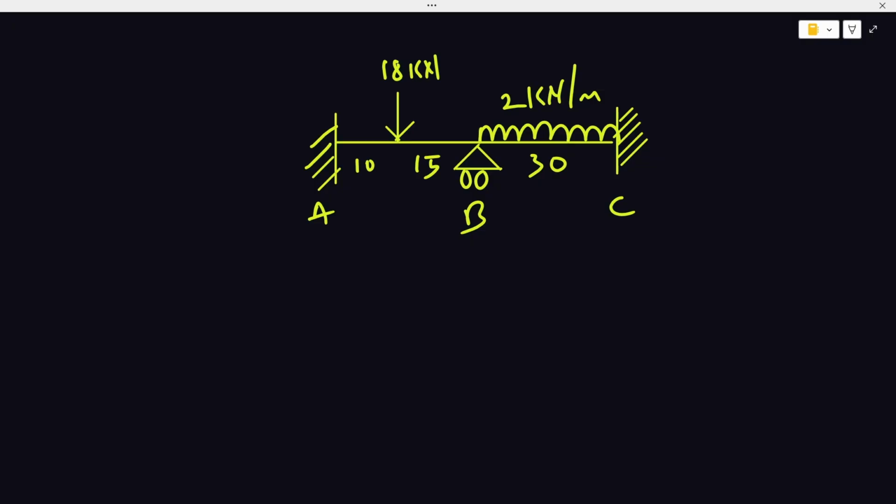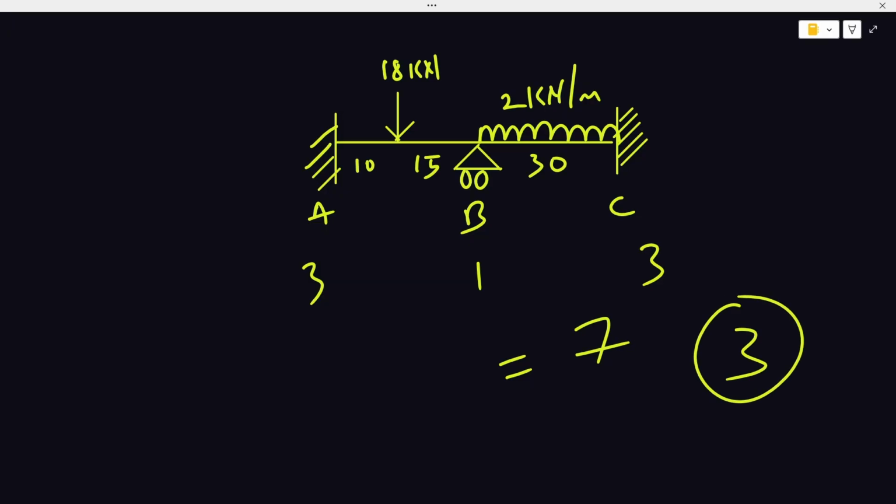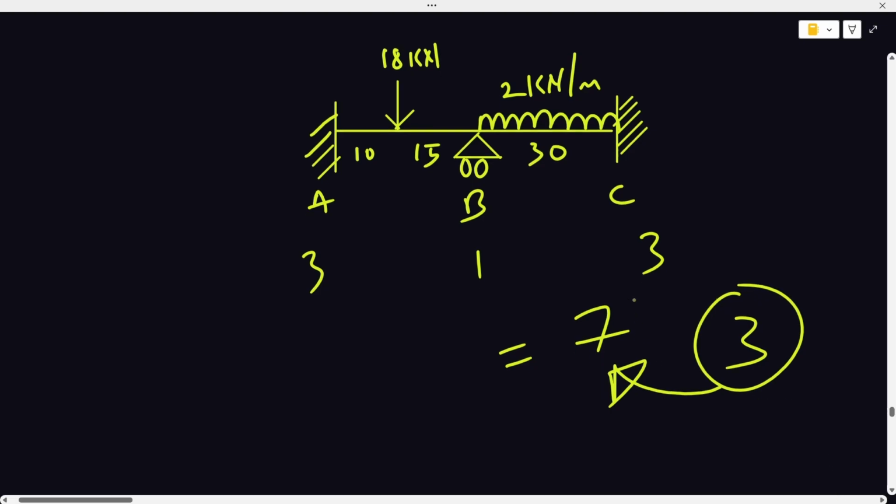We have three reactions here, making 7 reactions in total, and we just have 3 equilibrium equations. So we need 4 more equations to solve this, but that's not even the point. The point is that it is statically indeterminate.